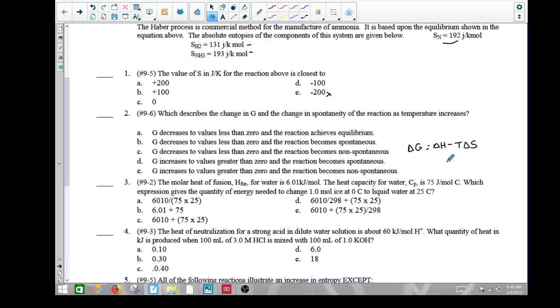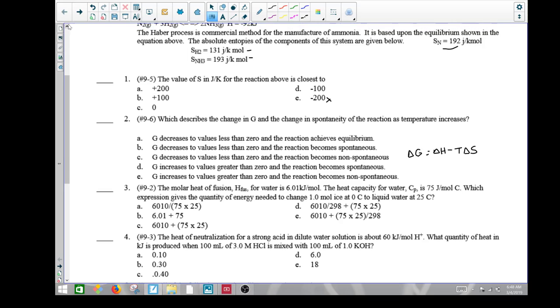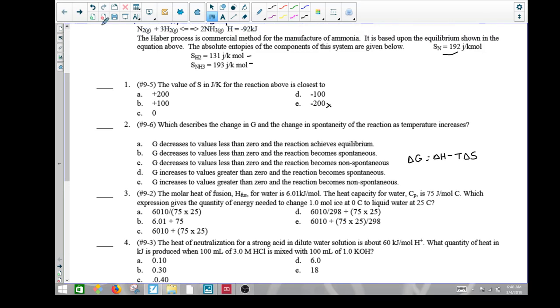This one is given at the top of the problem. Right there, it's negative, it's exothermic. In my mind, I know this is pushing in the spontaneous direction. We're going to raise this, and this is positive.